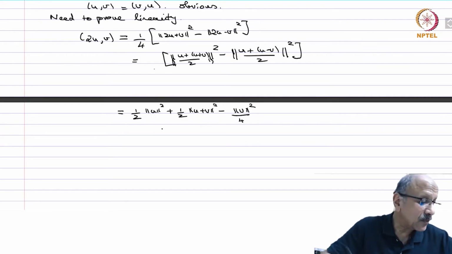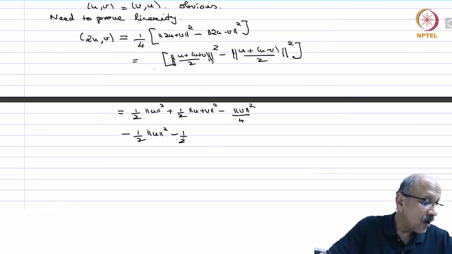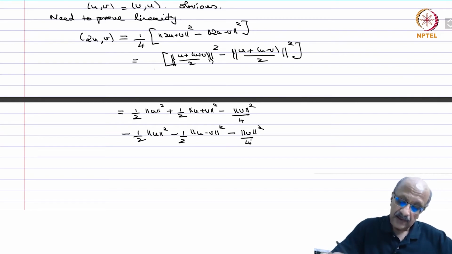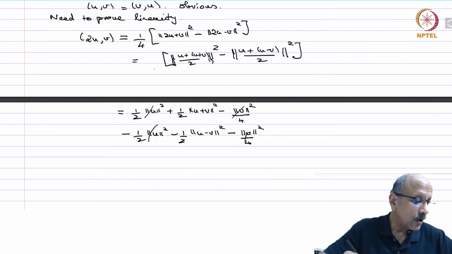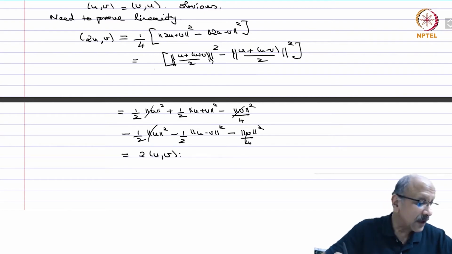Similarly for the other term, minus 1/2 norm u squared minus 1/2 of norm u minus v whole squared minus norm v squared by 4. And therefore these two cancel out, and this by definition is nothing but 2 times (u,v). So (2u,v) equals 2 times (u,v).